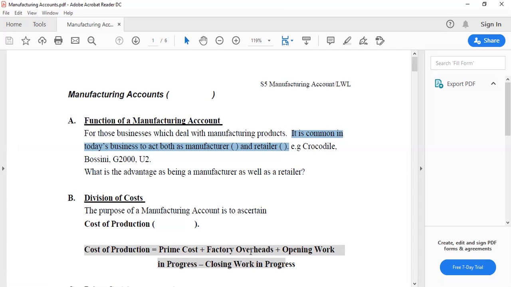So any business that engages in manufacturing needs to have a manufacturing account, which will show the cost of production.